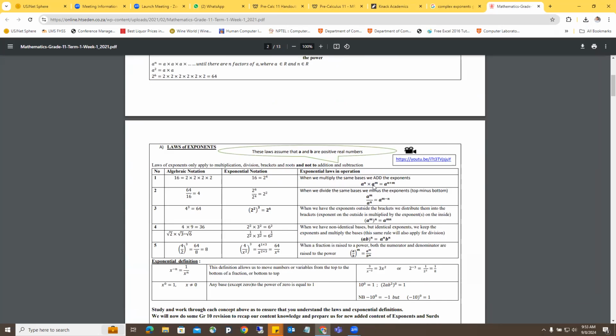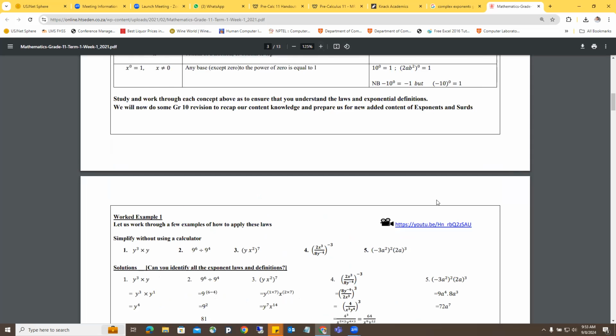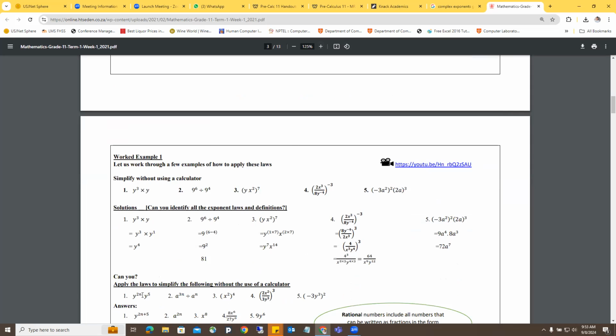For the first one, we have worked examples. Then simplify without. First one, y to the power of 4. The fourth one next.